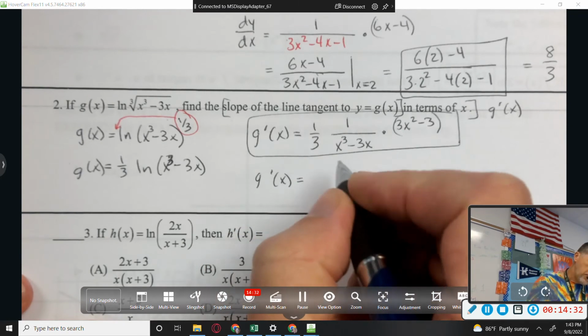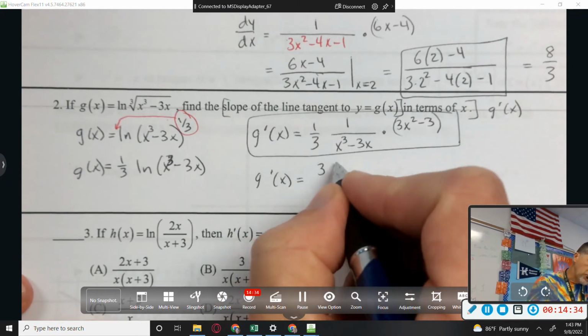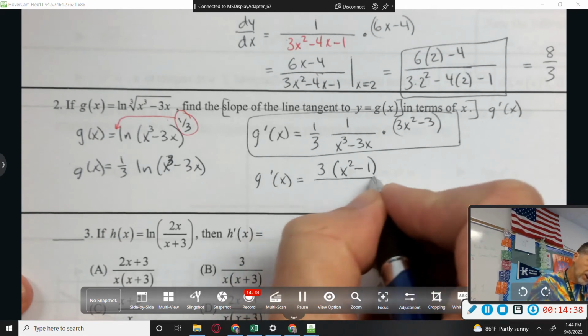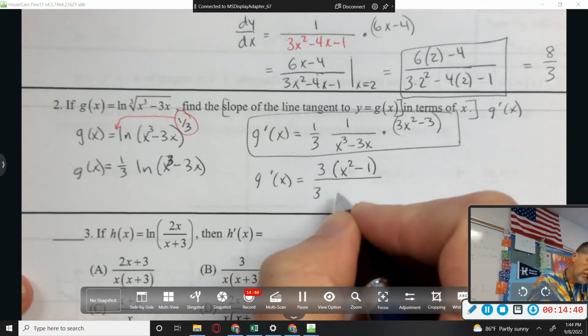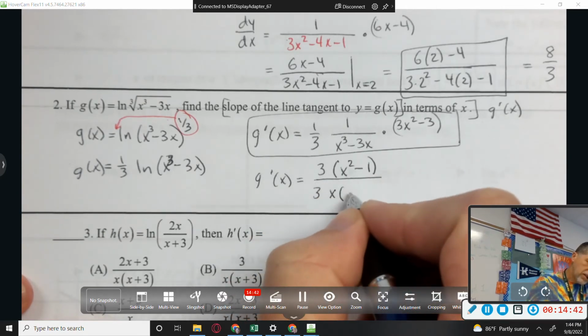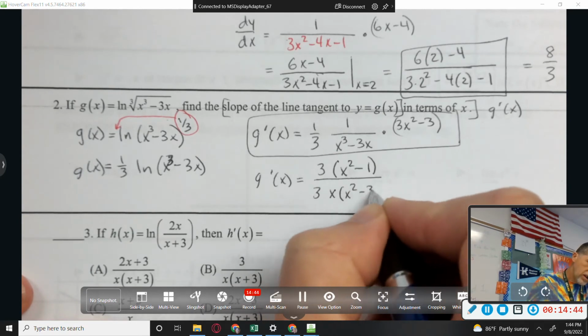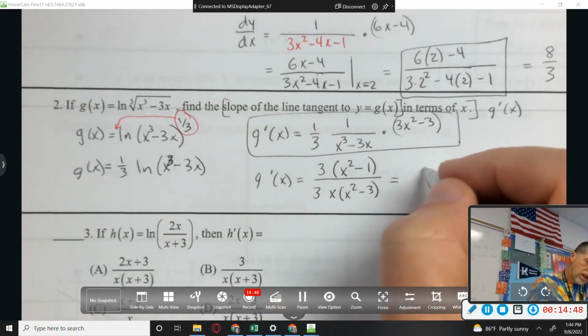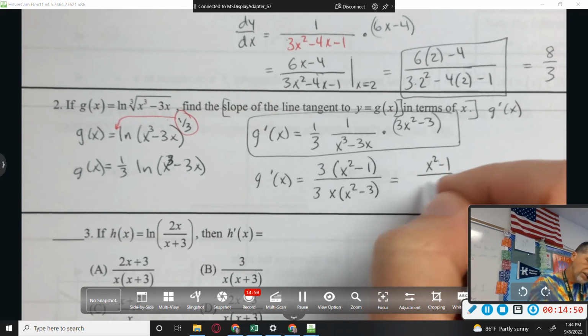Could you clean it up? But if it's multiple choice, they're probably going to factor out that 3. Maybe even factor out an x from the bottom. Then the 3's cancel. And so I've got x squared minus 1 over x times x squared minus 3.